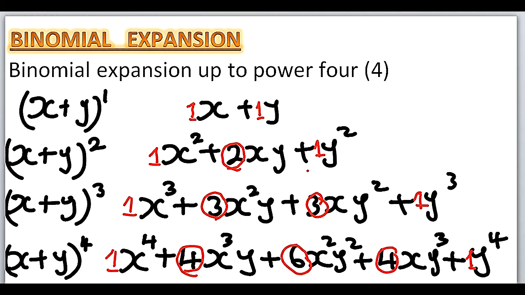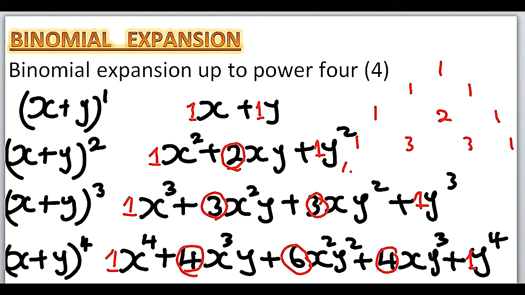If you look at these coefficients, they form kind of a triangle. So let's start with 1 up there. Then we take this 1 and 1, we get 1 there and another 1 there. Then we have 1, 2, 1. Then we have 1 again, 3, 3, 1.